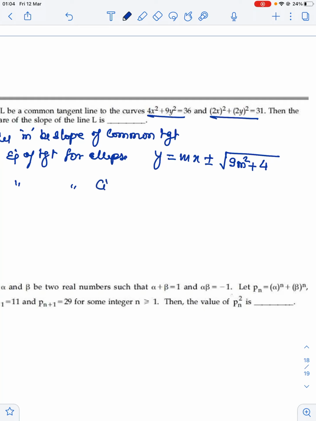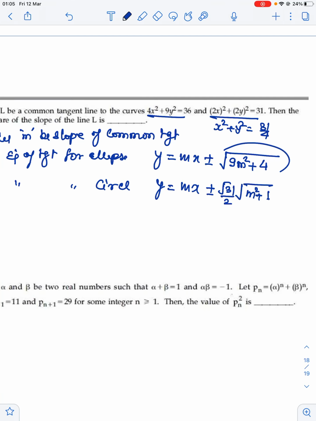Equation of tangent for the circle: the circle is x square plus y square is 31 by 4. So the tangent equation is y equal to mx plus minus a, that is root 31 by 2 root of m square plus 1. So for the line to be the same, these two constants must be the same.